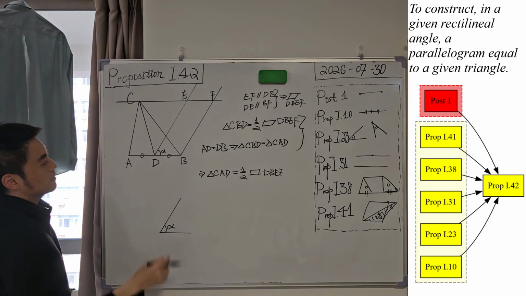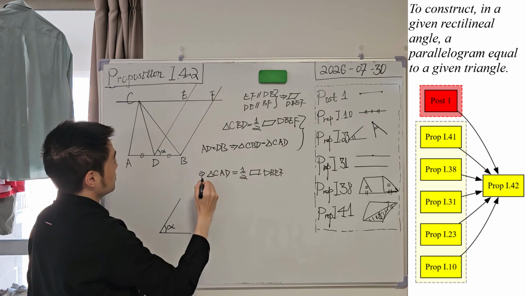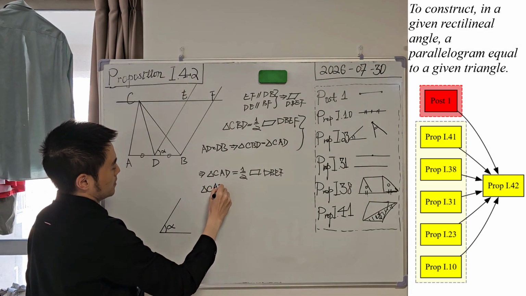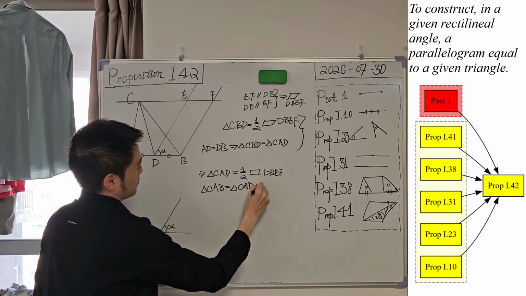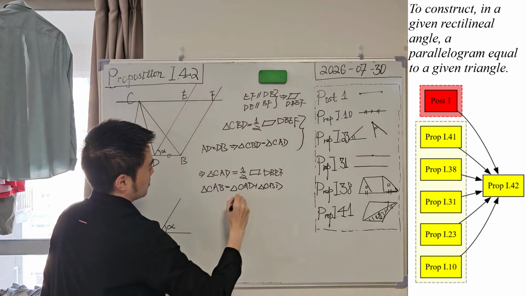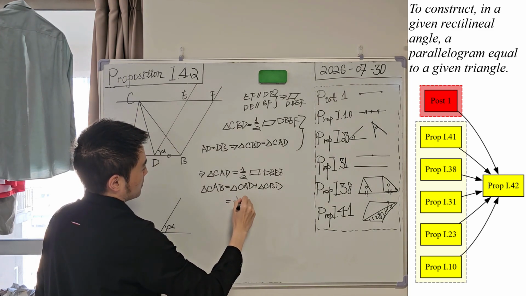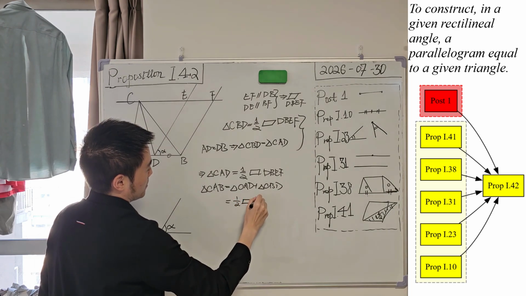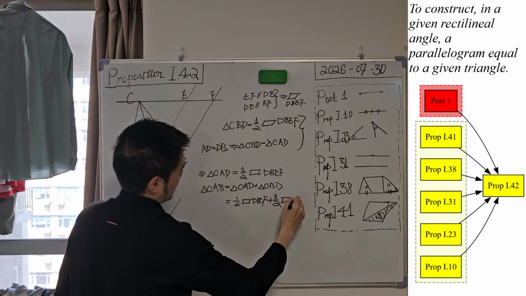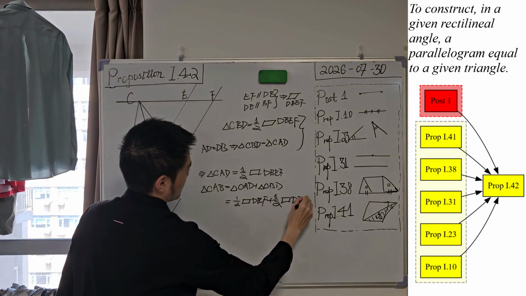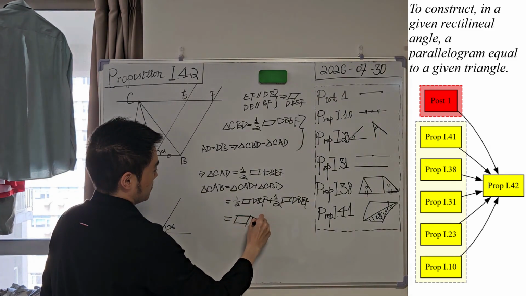And if we add ADC and DBC together, we will know that triangle CAB is equal to the sum of triangle CAD plus triangle CBD, which is equal to half of parallelogram DBEF plus half of it, which is equal to parallelogram DBEF.